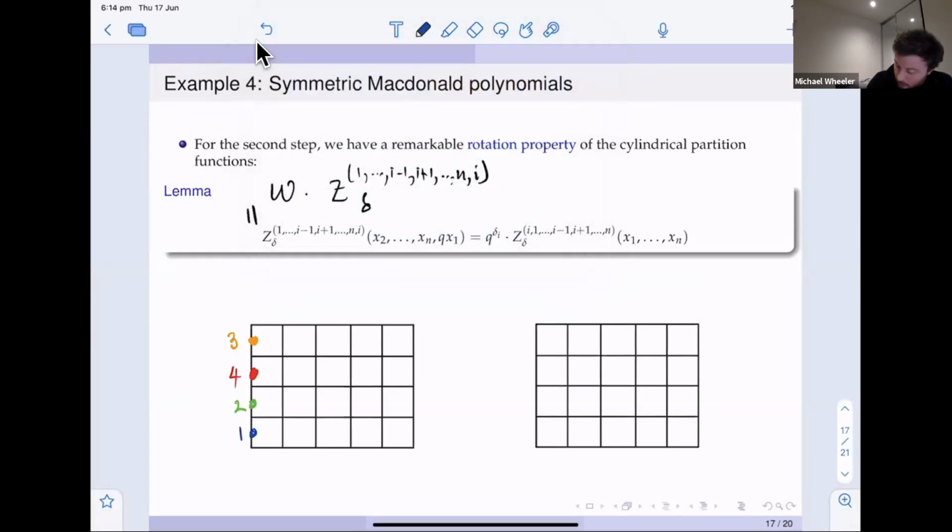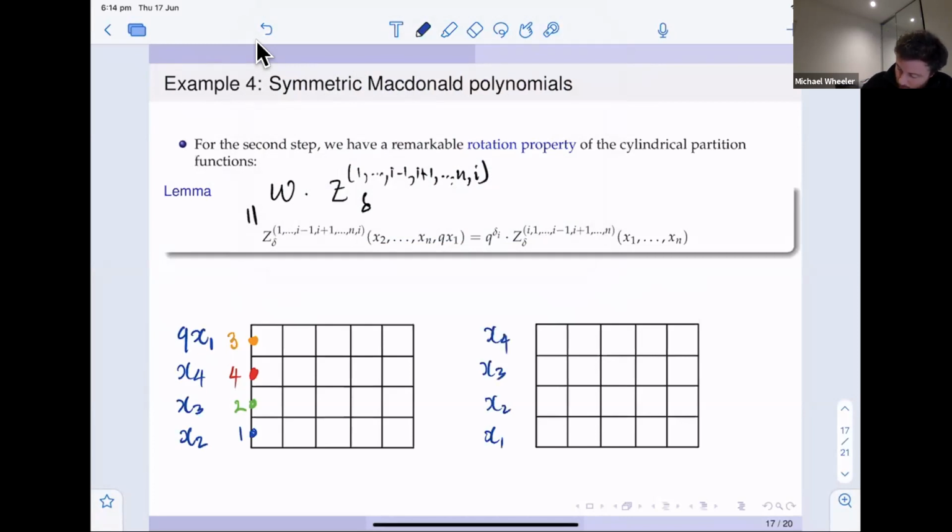Okay. And the x variables, so this is x2, this is x3, x4. No, sorry, I think, yeah, that's correct. And this one should be qx1. Okay. And on the other side, I'm going to have x1, x2, x3, x4.